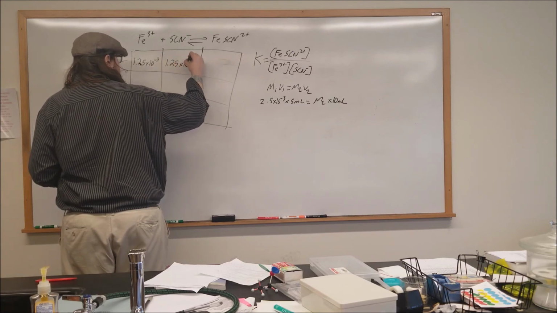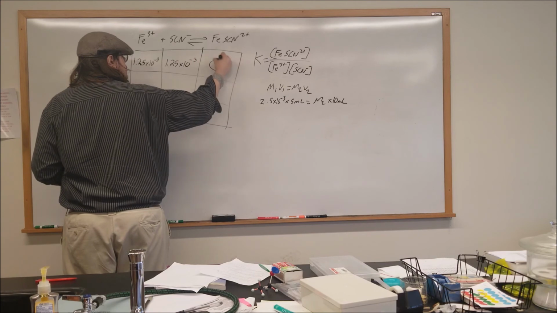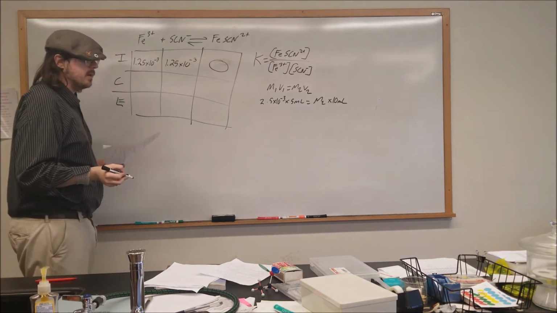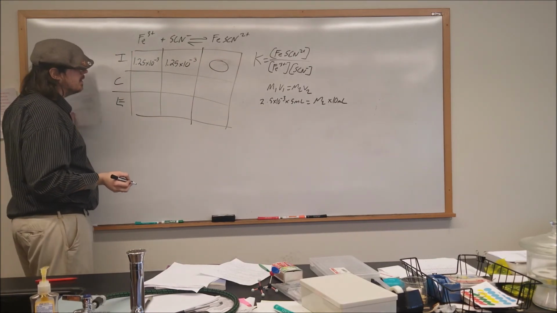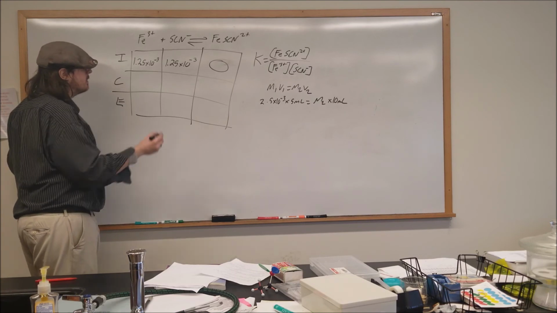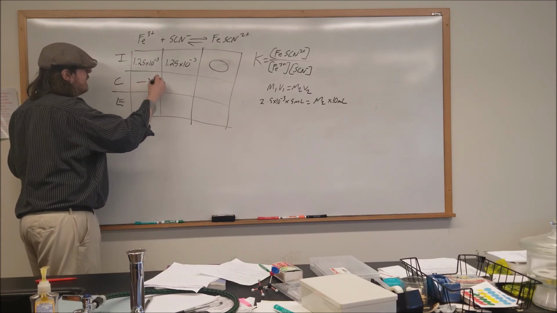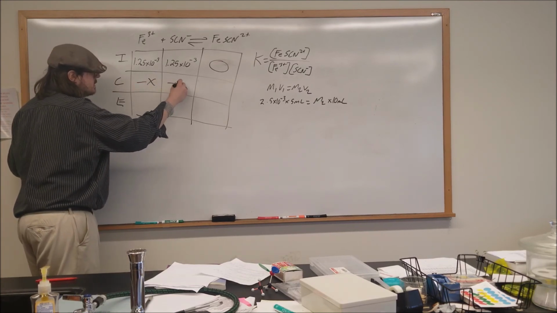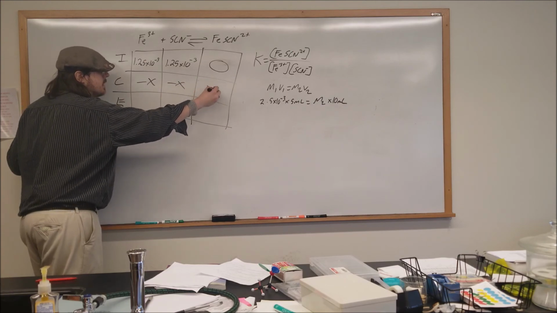Before the reaction occurs, we still have 0 iron thiocyanate. Now, at equilibrium, we always change by a factor of our coefficients: minus x, plus x.